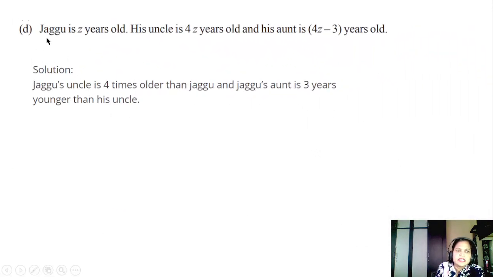Then D. Jaggu is Z years old. His uncle is 4Z years old and his aunt is 4Z minus 3 years old. How can we make the statements here? Jaggu's uncle is 4 times older than Jaggu and Jaggu's aunt is 3 years younger than his uncle. Jaggu is Z years old. This is the statement you give here.